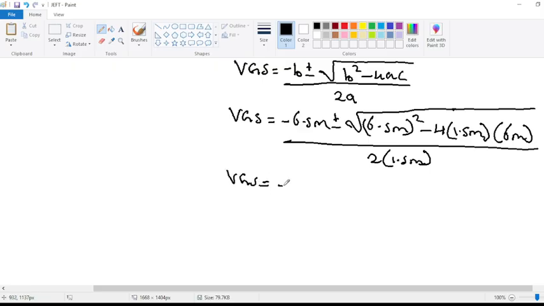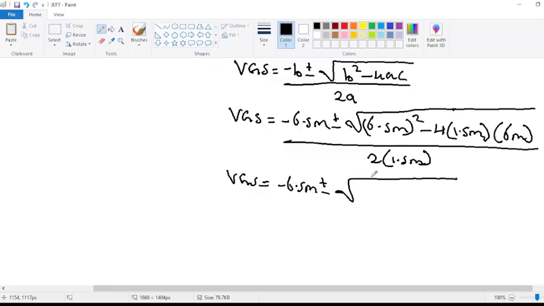Okay, from there now, our VGS is equal to negative 6.5 milli positive or minus. Then this one here, now we perform the calculations first. For those who don't know how to perform the calculations, I'll try to go step by step. So I'll have 6.5 milli squared.